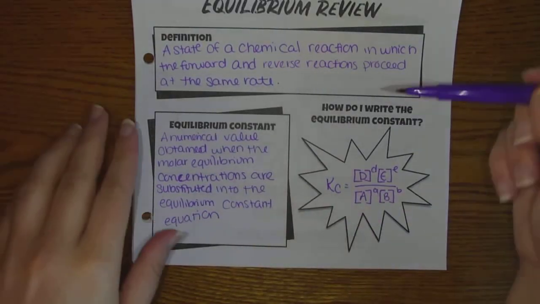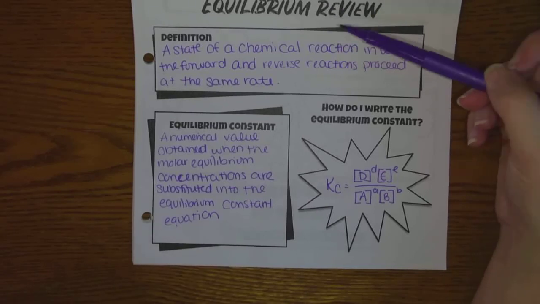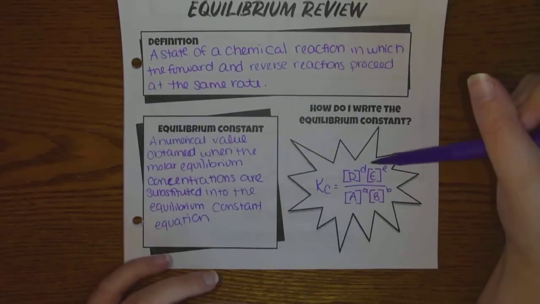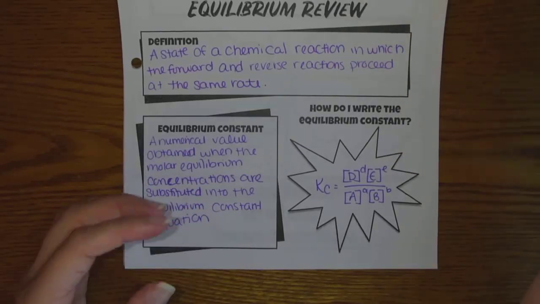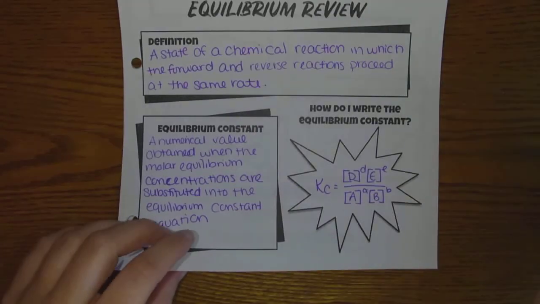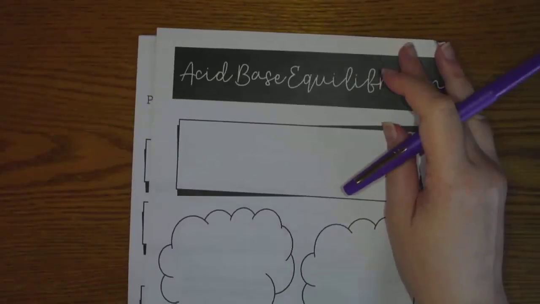So remember, equilibrium is dependent upon stoichiometry. As long as you can balance an equation correctly, you can solve for the equilibrium constant as long as you have those chemical concentrations. Okay?